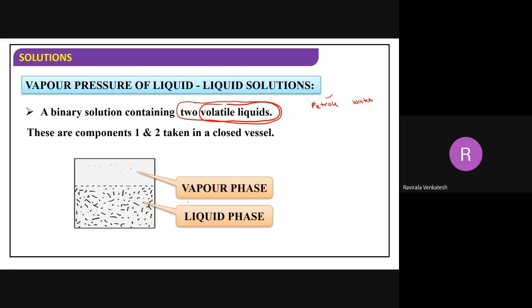So this is the liquid phase, this is the vapor phase. How did we get the vapor phase? Because of external conditions, the liquid is converting into vapor, therefore exhibiting vapor pressure. But the thing is that you got two phases here: one is the liquid phase, the other is the vapor phase.